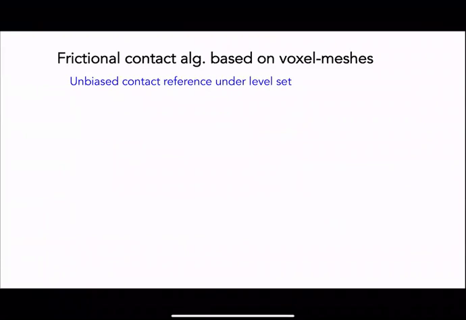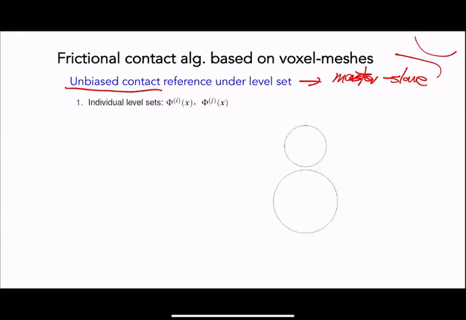Now, in order to detect the contact, what we introduce is an unbiased contact reference. This is in sharp contrast with the master-slave contact, where we define a master interface and then check the relative displacement of the other slave nodes. Here we want to create something that is unbiased.